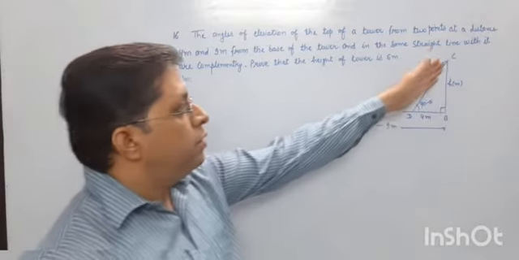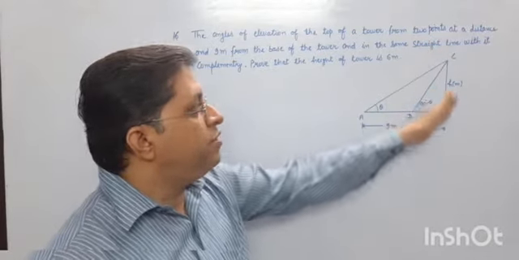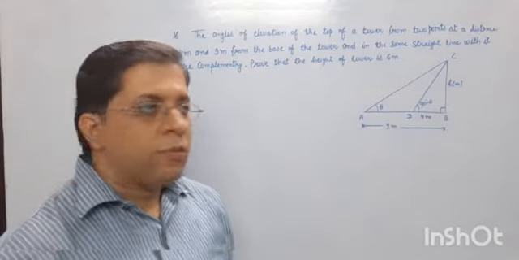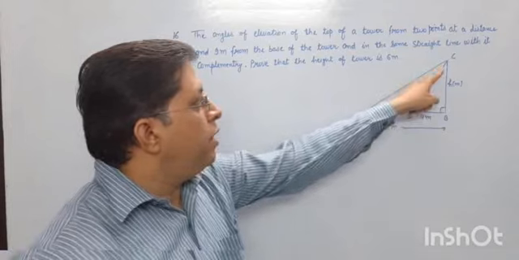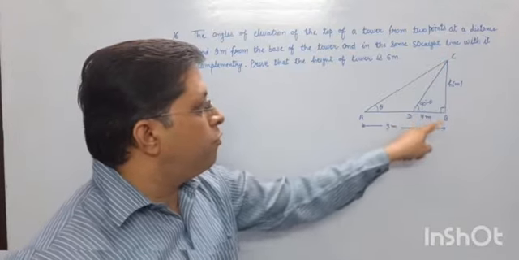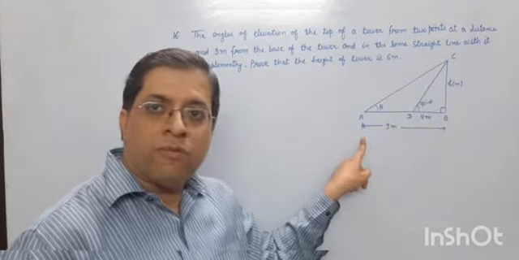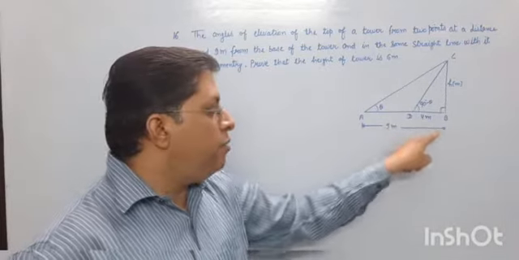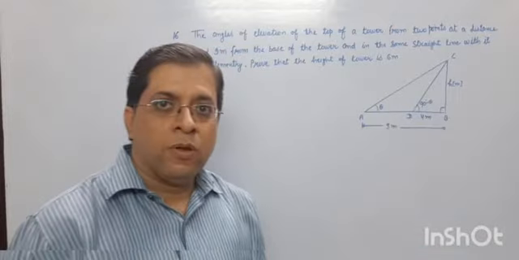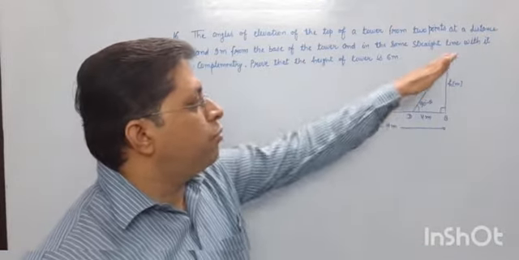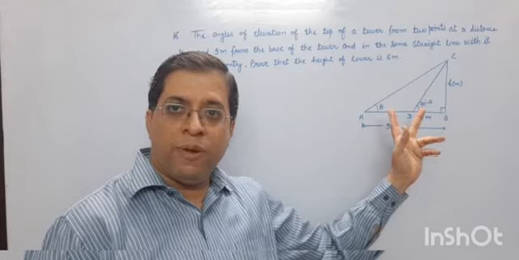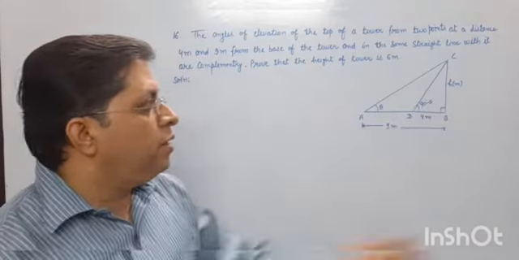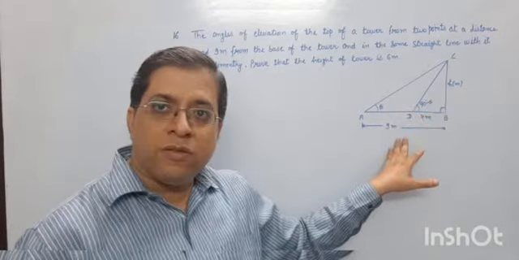Let's say BC is the tower, its height is H. Okay. And the angle of elevation from the two points, which are 4 meter and 9 meter away from the base of the tower. The 4 meter away point is D and the 9 meter away point is A. The angles of elevation of these two points are complementary. Take one as theta and another as 90 minus theta. Then same thing. Perpendicular is given and base is given to you.